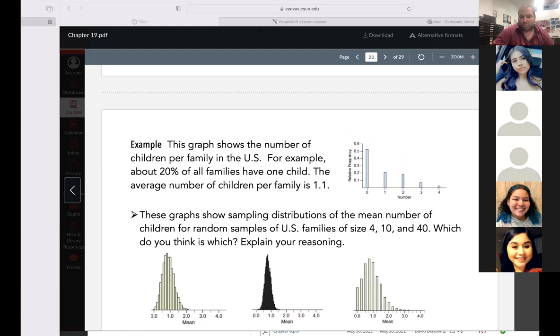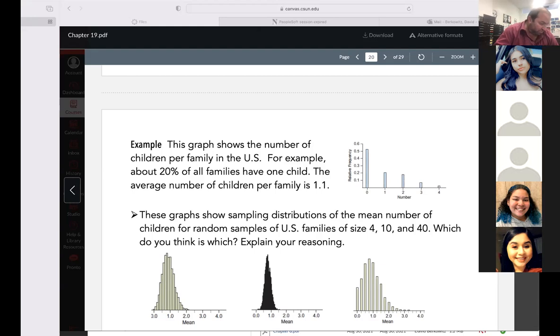What I want everyone to do, wait for me to say go. But when I say go, I would like you in chat to put three numbers in order: the one on the left, the one in the middle, and the one on the right, which number you think is which. So for example, if I think it's 4 on the left and 10 in the middle and 40 on the right, I would put in 4, 10, 40 in that order.